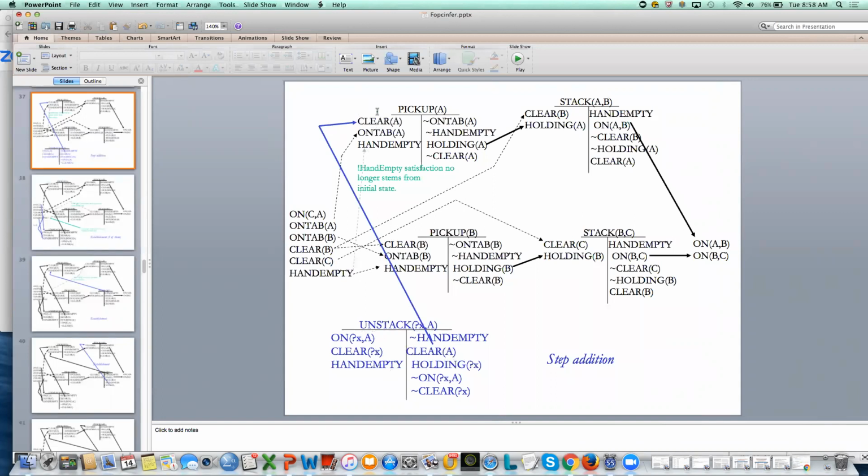There's no binding of X there, just A. So the task here is now to get whatever is on A off of A.